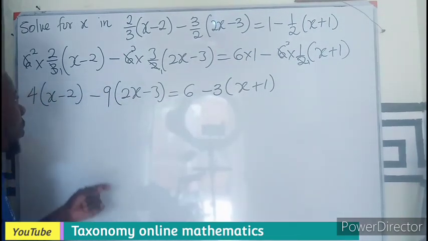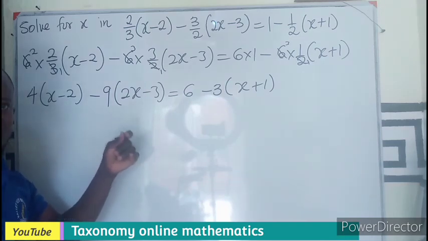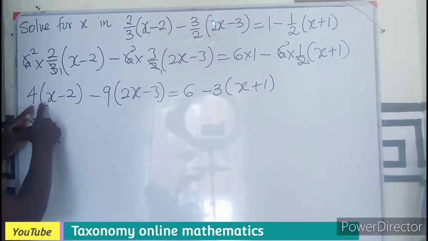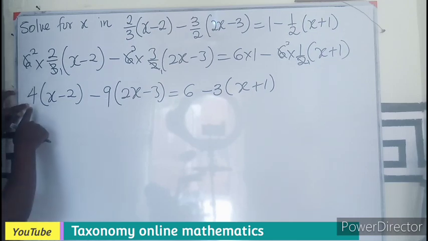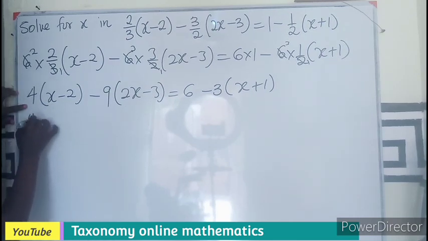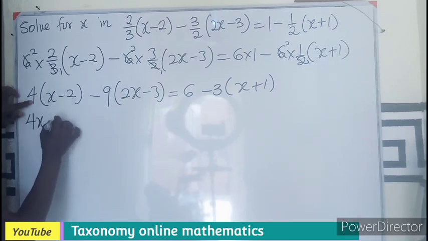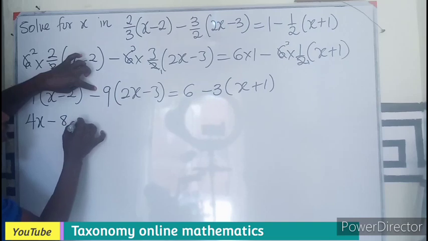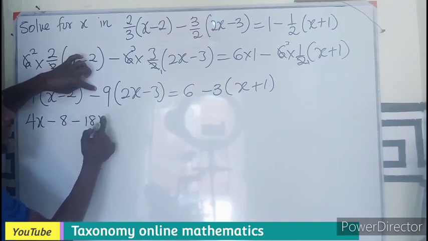The second thing is to deal with all parentheses, that is brackets, by opening them. The term outside the bracket multiplies all the terms inside. So 4 times x, we have 4x. 4 times 2, 8, so minus 8. Minus 9 times 2 will be minus 18x.